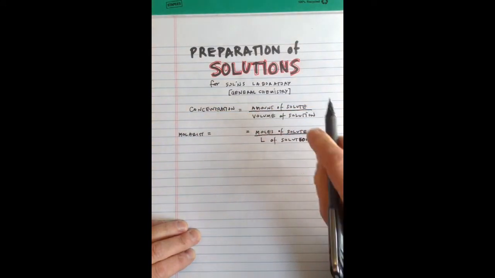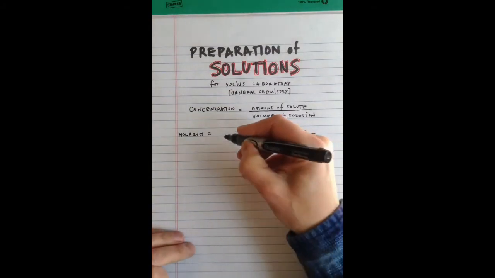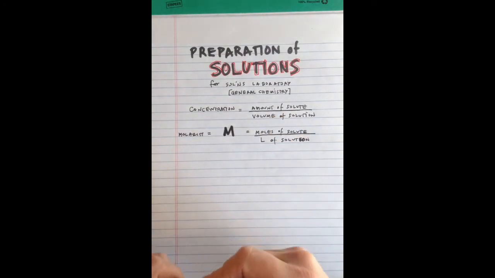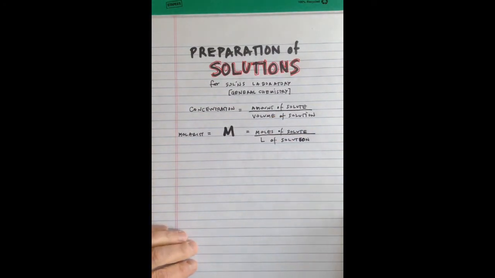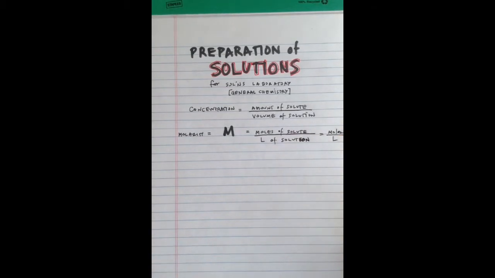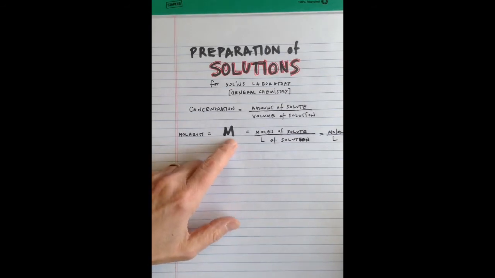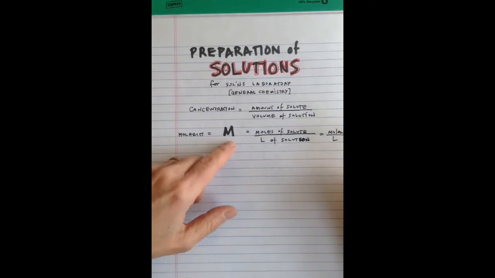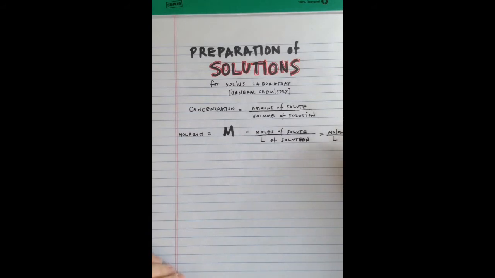Molarity is abbreviated big M. So whenever you see big M, write in moles per liter. Because if you just think big M, you might forget that you actually have a numerator and denominator. So that is the concentration.